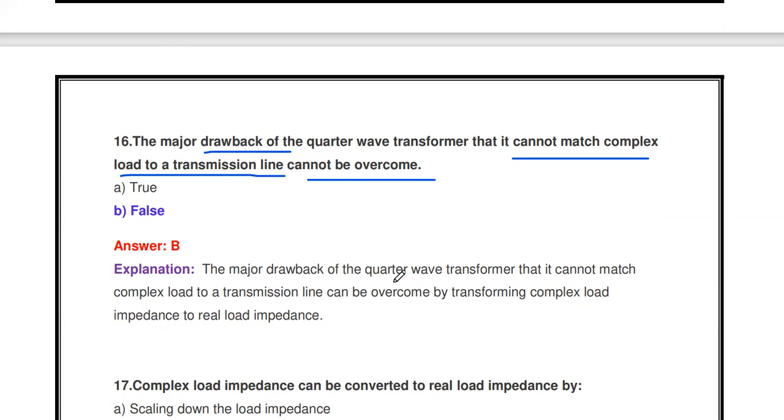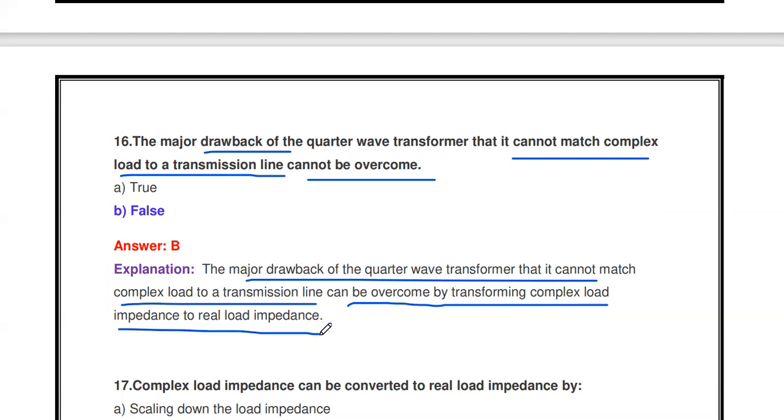The problem can be overcome by transforming the complex load impedance to a real load impedance first, and then we may use the impedance matching. So that's why this statement is also false.